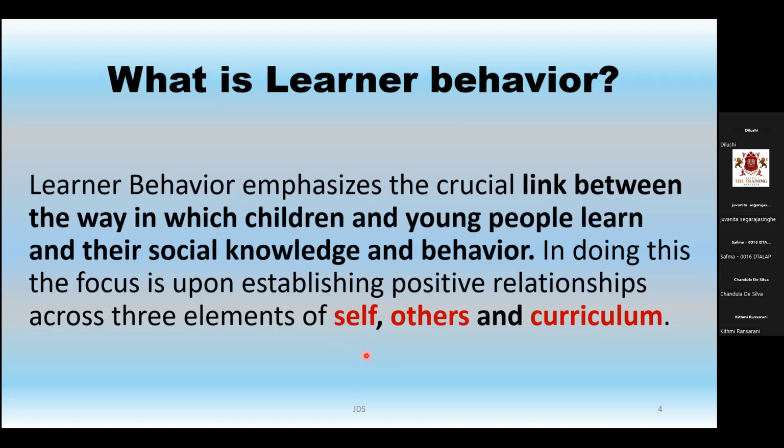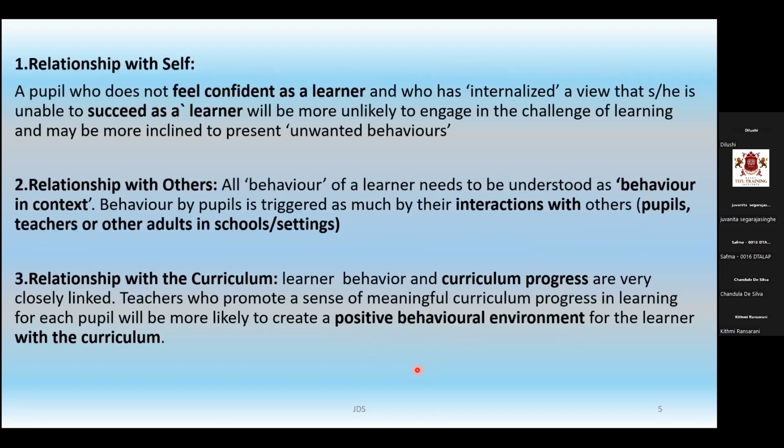In the process of acquisition, they come across these three important forces that determine their behavior. And those three are discussed here in a deep manner. Read one by one how the relationship with himself or herself determines the learner behavior.